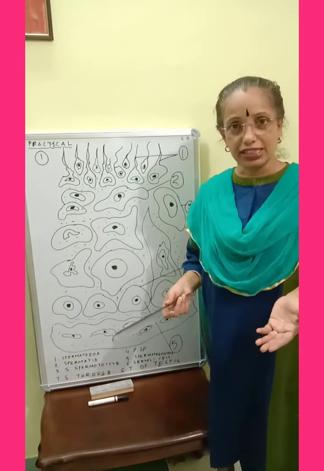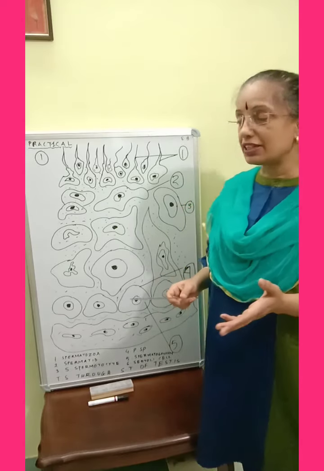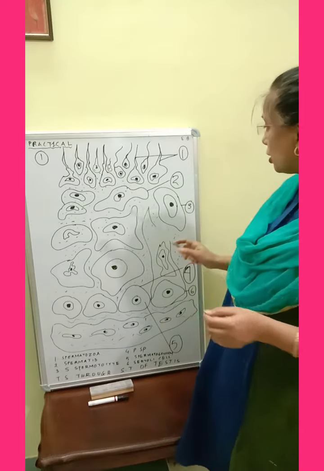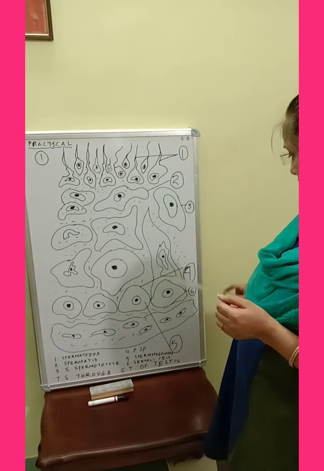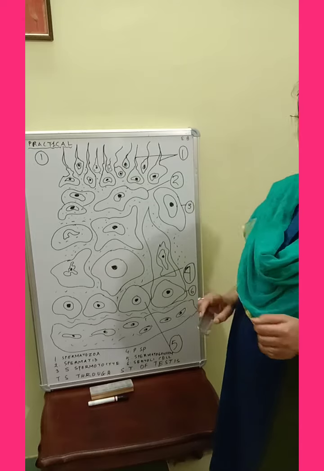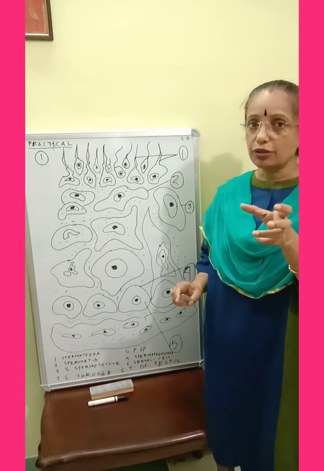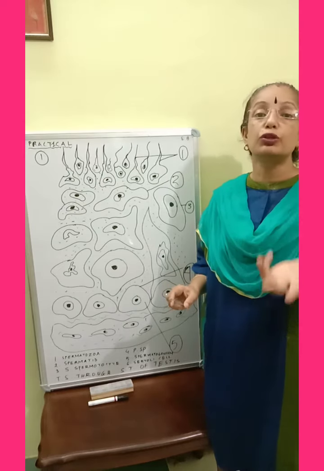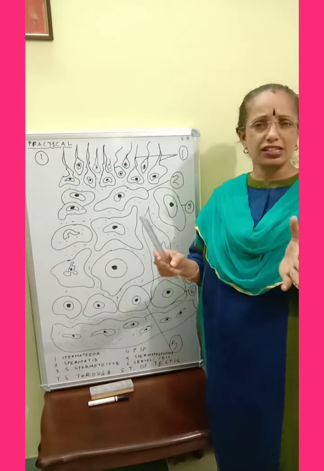Now after this, there's an event called spermiogenesis, because this number 2 is spermatid. Spermatid is a structure which will ultimately transform into sperm or spermatozoa. So what changes it will undergo?